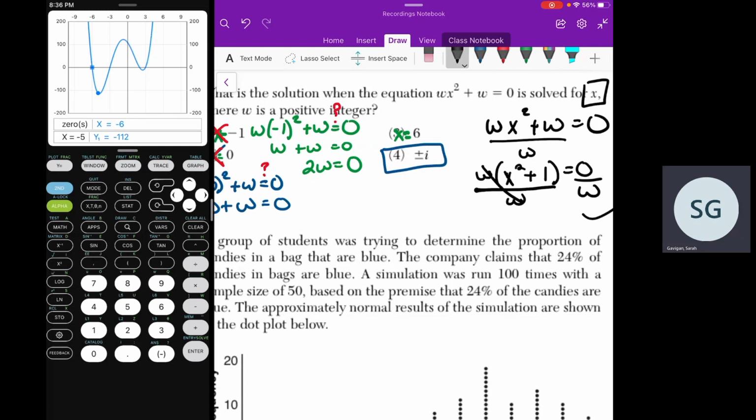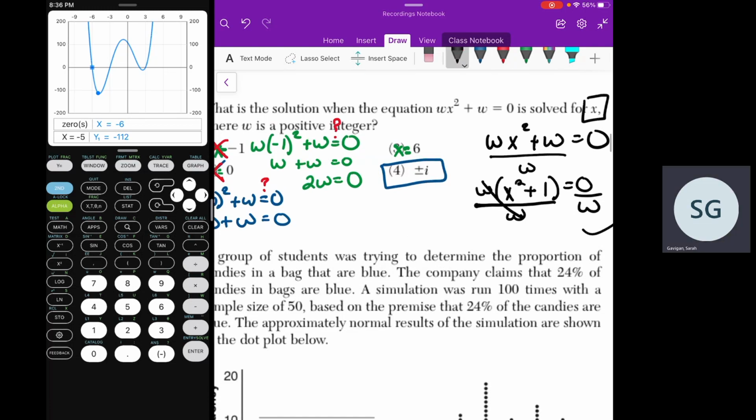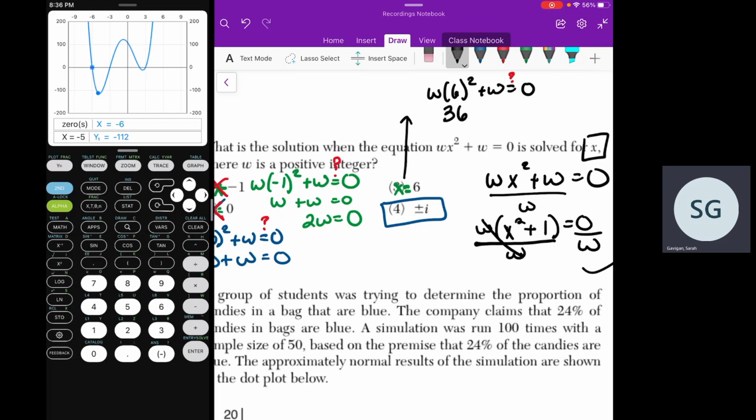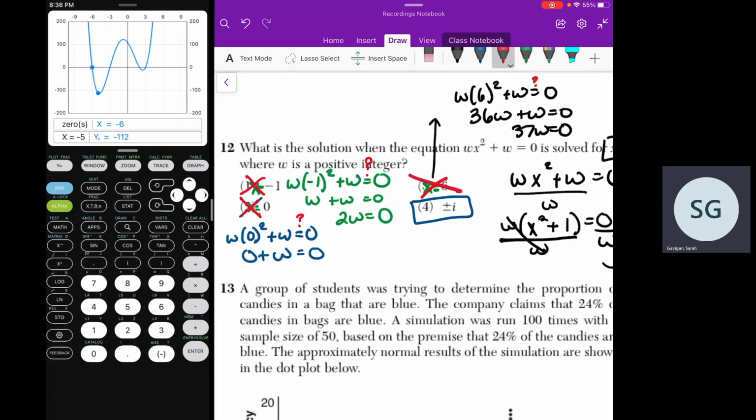Plugging in choice 6, for x, we're going to have w times 6 squared plus w. Does that equal 0? That is going to be 36w plus w. That's 37w. That does not equal 0, because remember, w is some positive integer.